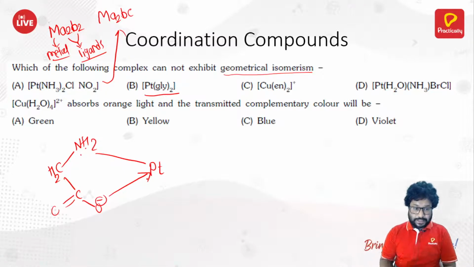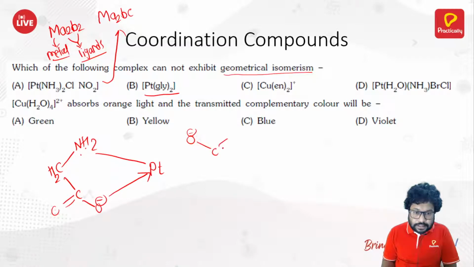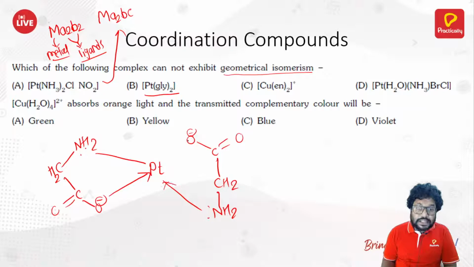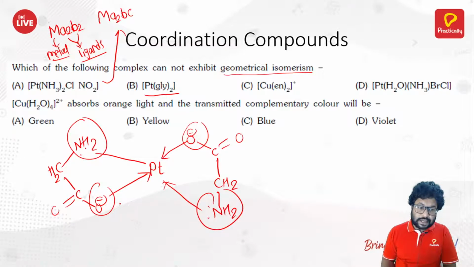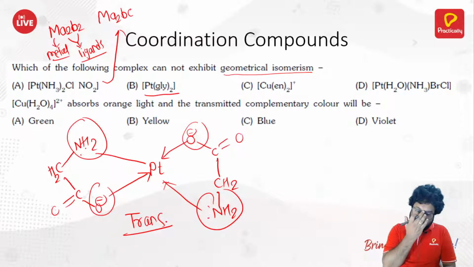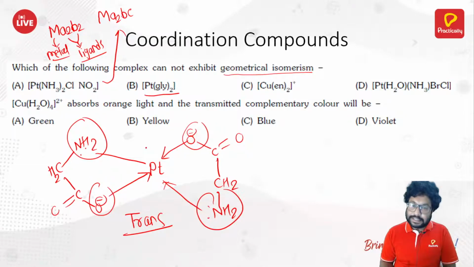Now, if you reverse it, with O minus C double bond O, CH2, NH2, now this is trans, you can see here. Oxygen, oxygen are on the opposite side, NH2, NH2 are on the opposite side. So this is your trans, right? If you take oxygen, oxygen on the same side, or NH2, NH2 on the same side, it becomes cis.